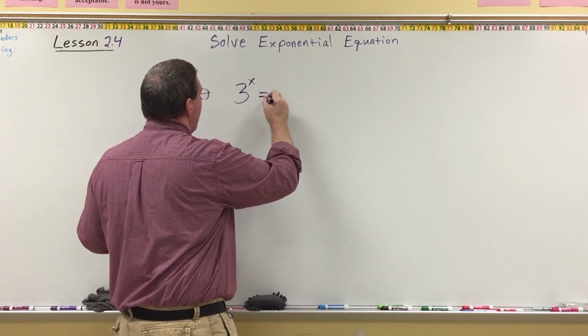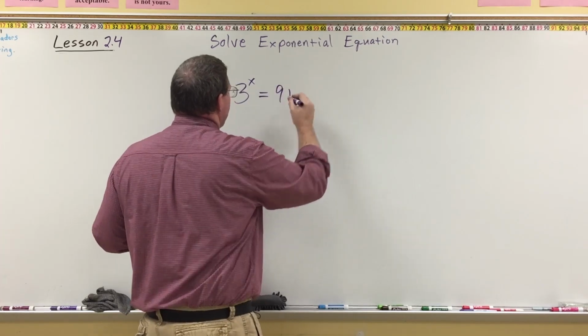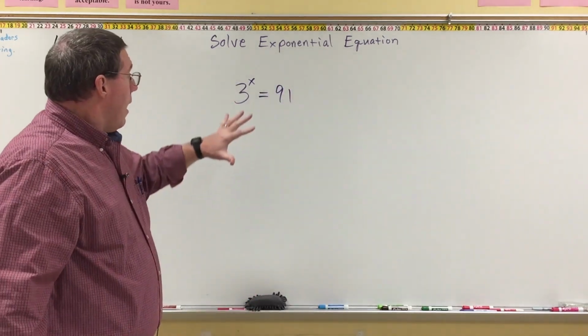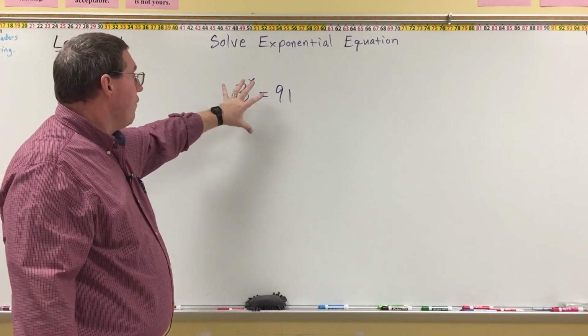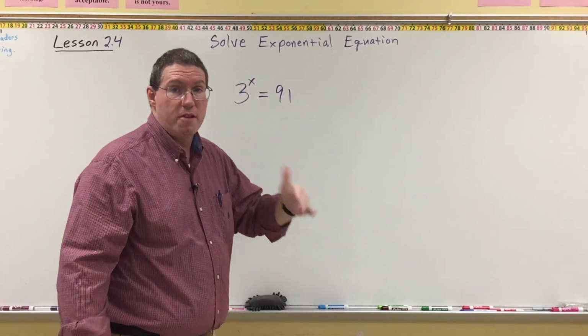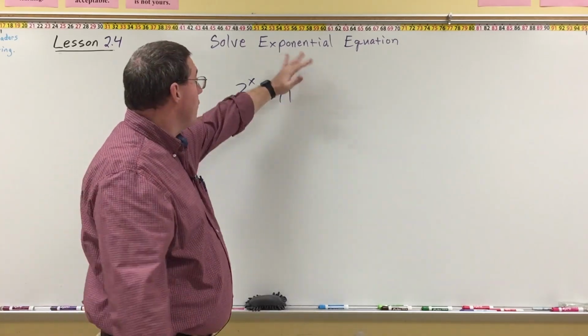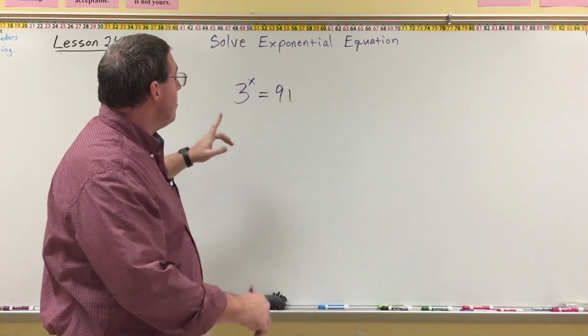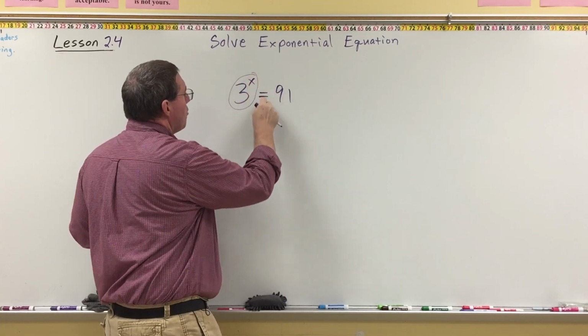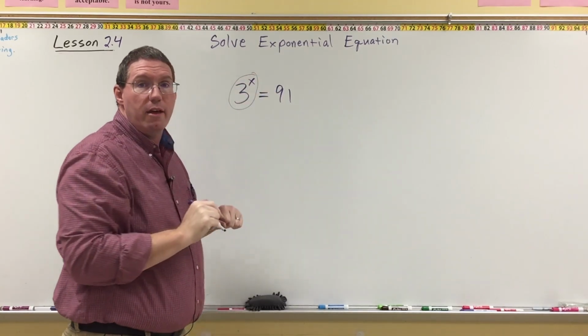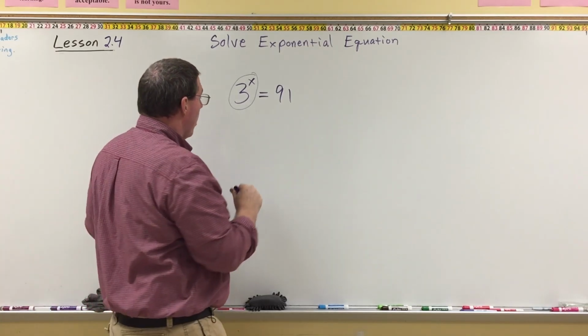Let's say we had 3 to the x is equal to 91, okay? And this is kind of where you want to be. In fact, I want to tell you that really the first step in solving an exponential equation is making sure that you have only an exponential term on one side of the equal sign.